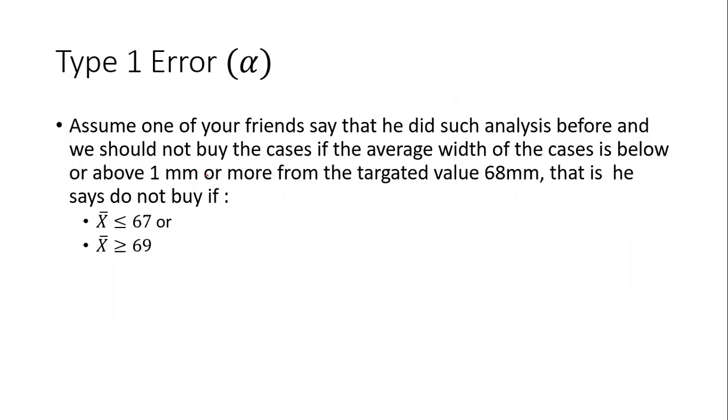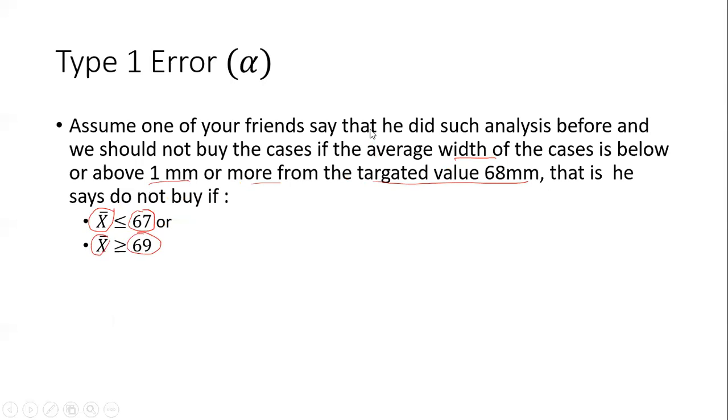Also assume that one of your friends says that he did such an analysis before, and we should not buy the cases if the average width of the cases is below or above 1 millimeter or more from the targeted value 68 millimeters. That is, he says, do not buy the cases if X bar is smaller than 67 or X bar is greater than 69.